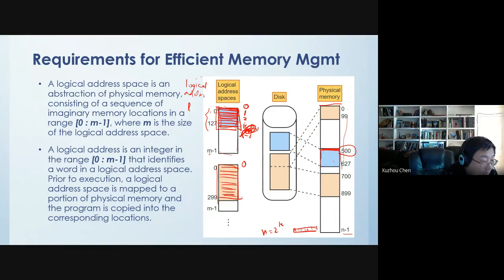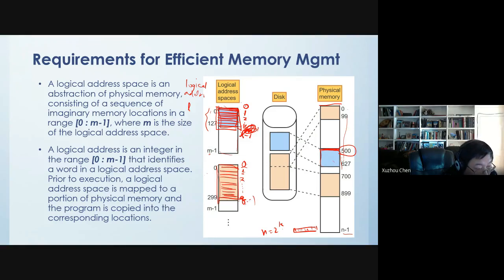So the logical address for this one is also 0, then logical address 1, logical address 2, and here Q minus 1. That's another program, with a first instruction, second instruction, third instruction, and the last instruction is Q minus 1.